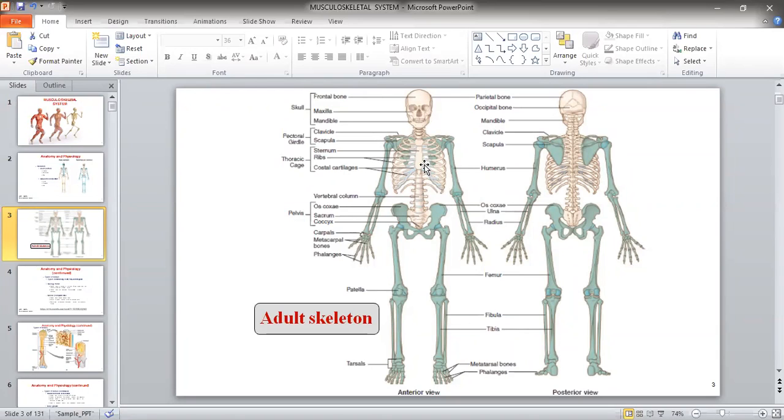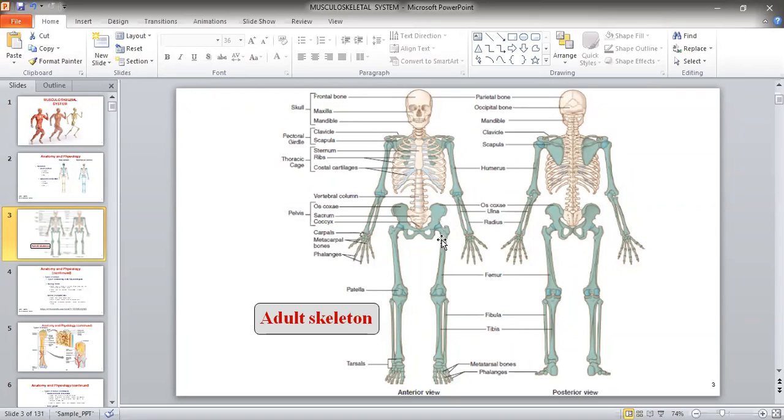So what is the function of the skeletal system? Protect the soft tissue. And this is the vertebra, right? The pelvis is made by the sacrum behind, and the two sides are part of the hip bones.